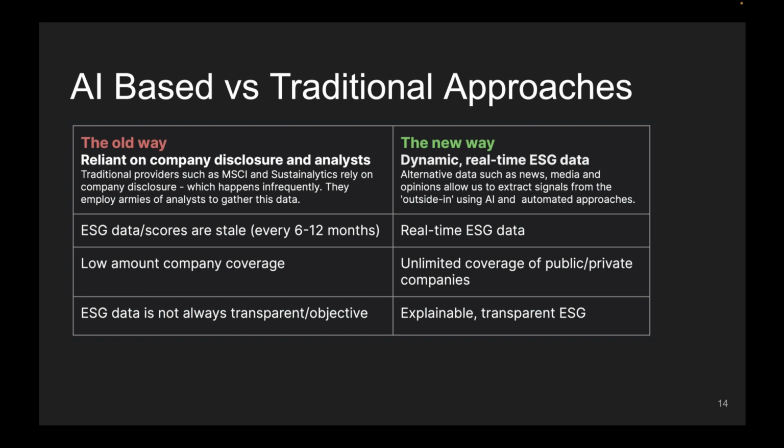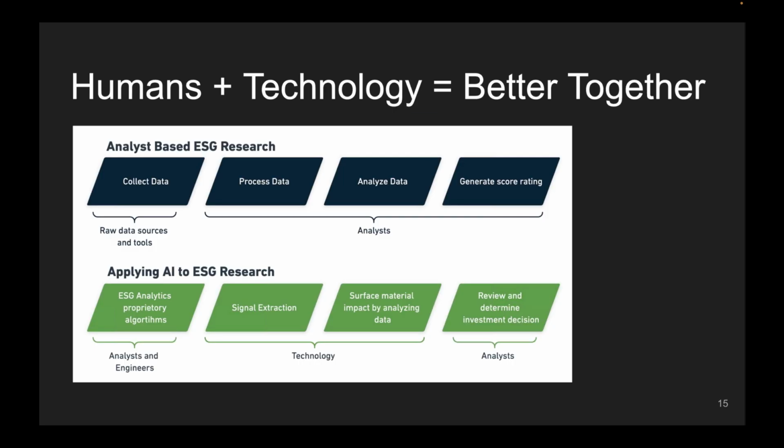And it's explainable ESG, meaning we always have the underlying data points to where the scores came from, which is quite different from getting a score but not knowing who the human was that made that score. This fundamentally changes the way that we look at these scores and ratings.